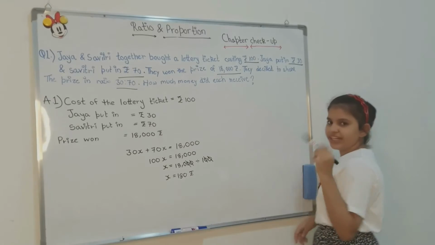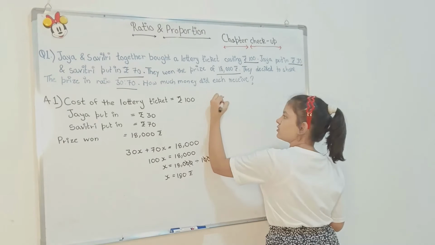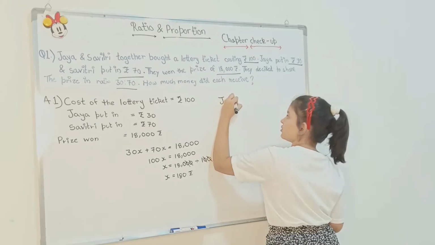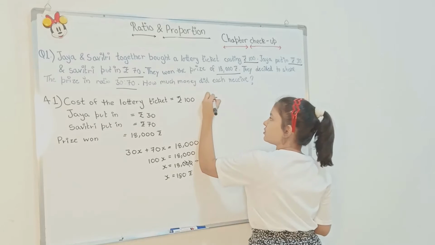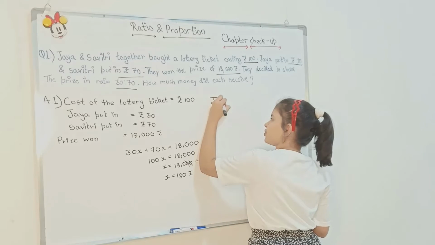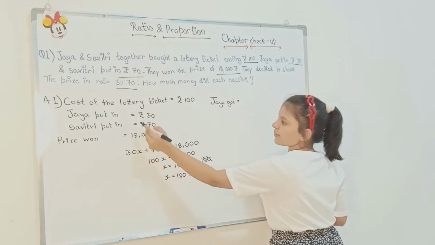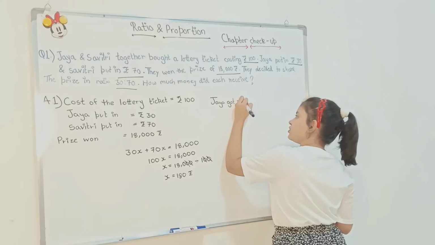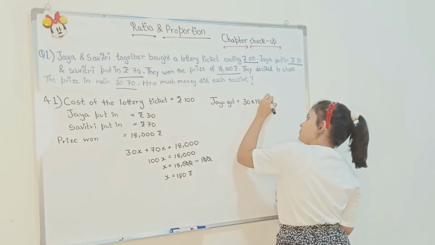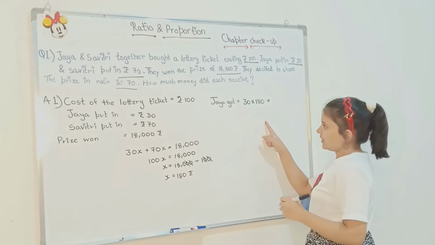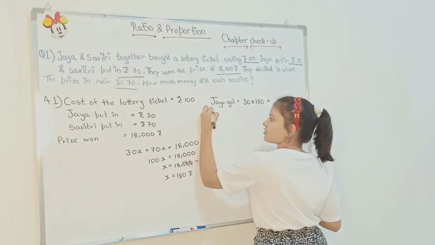Now we'll multiply 180 with 30 and 70. Jaya got is equal to 30 into 180, since Jaya paid 30 rupees.